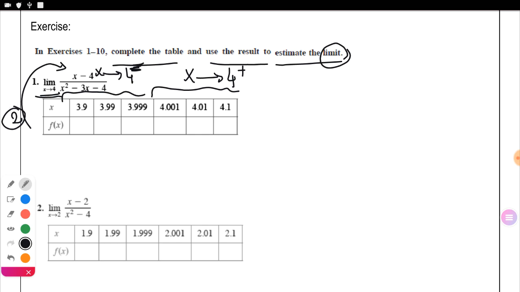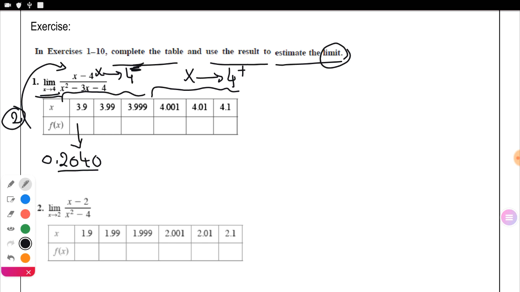Replace in the function. What is this value using the calculator? 0.2040. Some of you will tell me, Miss, I have an infinite number of decimal places. What do I have to do? Just take 4 decimal places from each result.